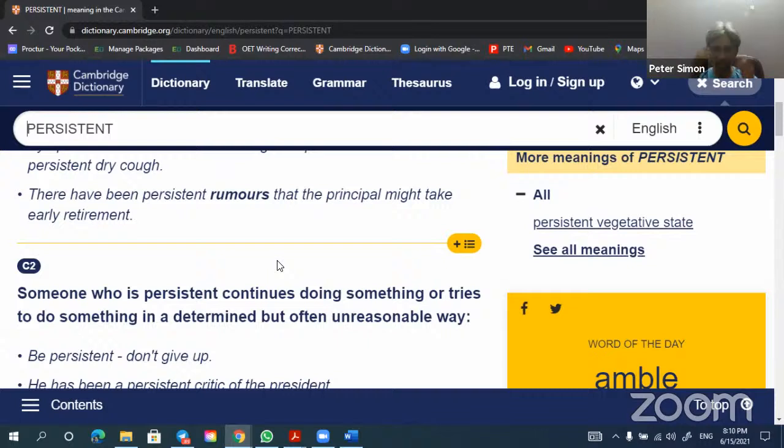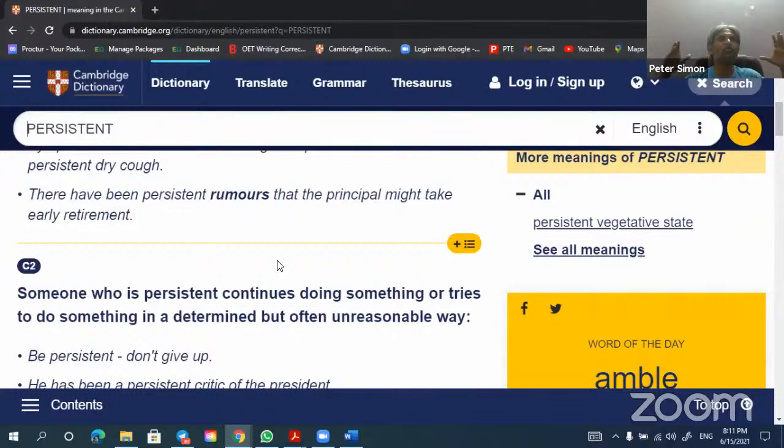Write down. I'm telling you, you'll get words from reading. You'll get words from listening. Persistent is a C2. I knew that it might be C1 or C2, but it is C2. The meaning of persistent is a very long meaning. That means your blow is very powerful.